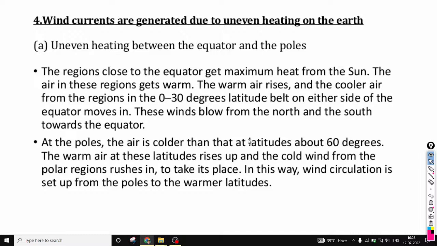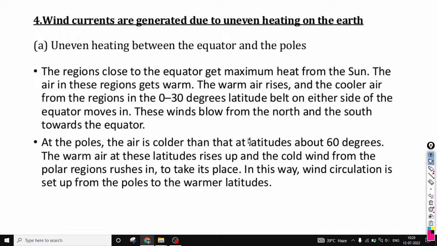Because the sun is moving from south to north, so that is why there is uneven heating of your earth, and due to this the wind current is generated. Otherwise, if all of the earth were equally heated, no movement of air would be seen. But due to this uneven heating of your atmosphere, winds are generated.